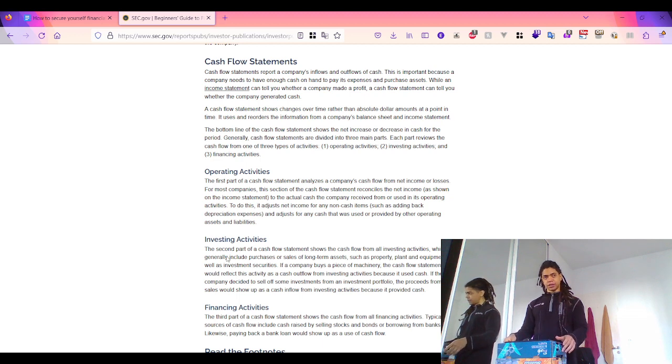So this is money that you owe to the government based on your income and the tax rate.